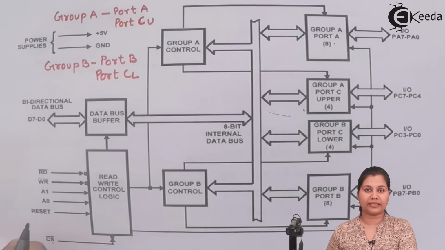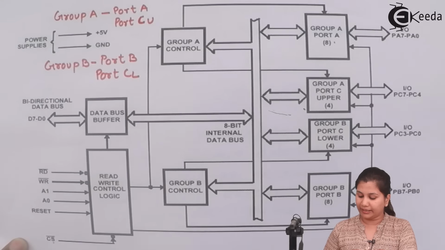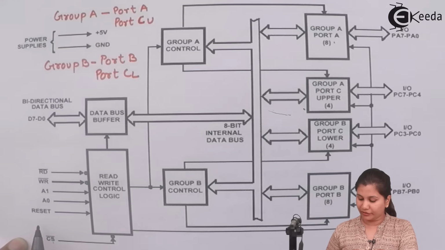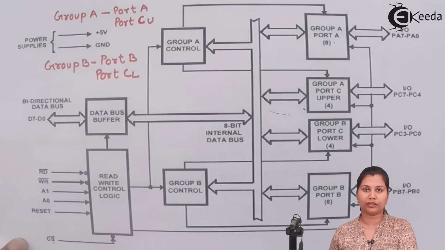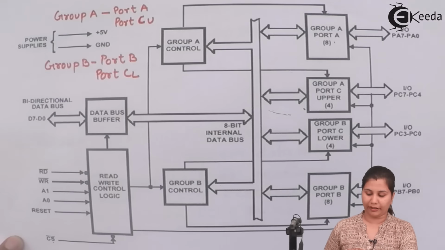Write is used to write the control word or write the data onto the ports. Then A1 and A0 are used to select the port, that is, the port addresses are decided by A1 and A0. Reset is used to clear all the ports, and chip select is used to select the chip 8255.